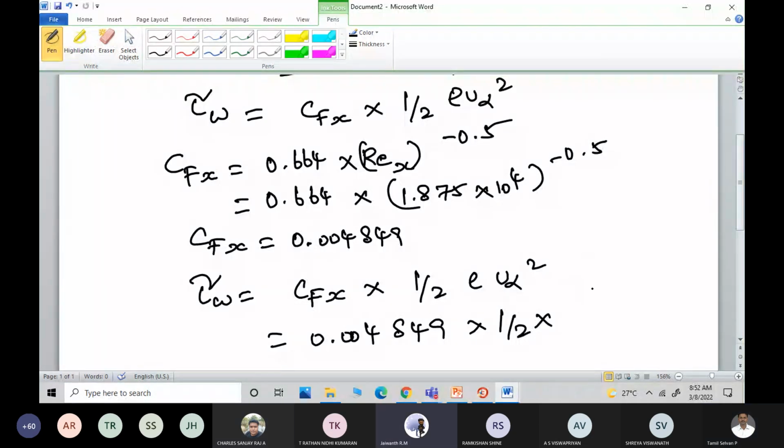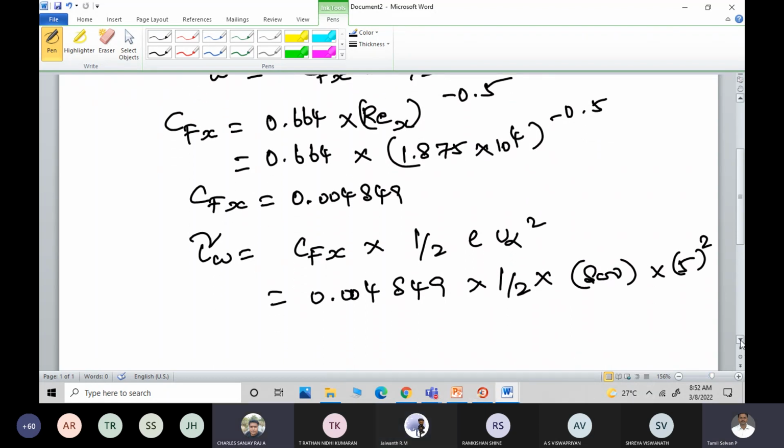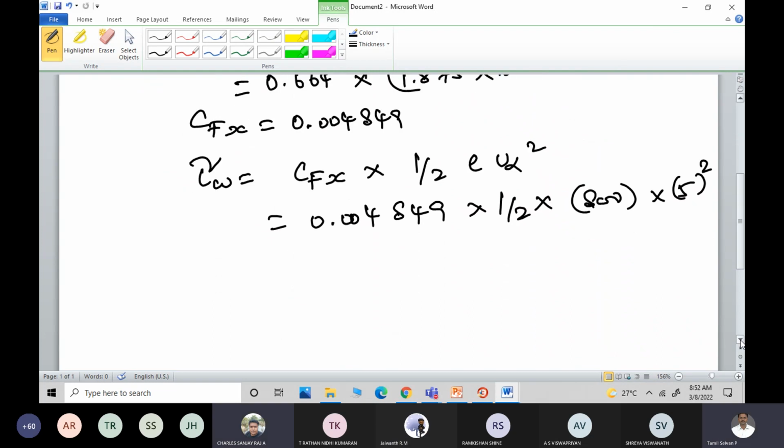Yes, sir. So what is the value? You have 48.49 Newton per meter squared. Is it meter squared? Yes, correct, sir.